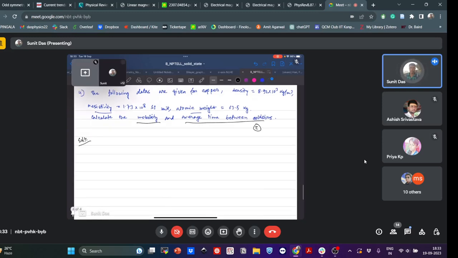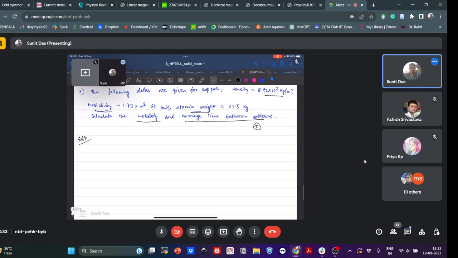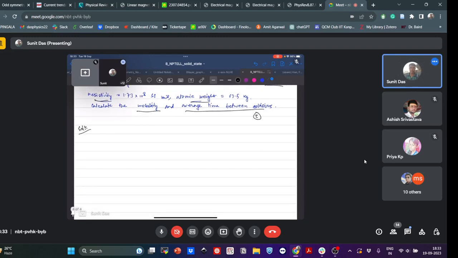So we have given density, resistivity, and then atomic weight, right? First of all, resistivity is the inverse of the conductivity. So rho is the resistivity, and this is conductivity.